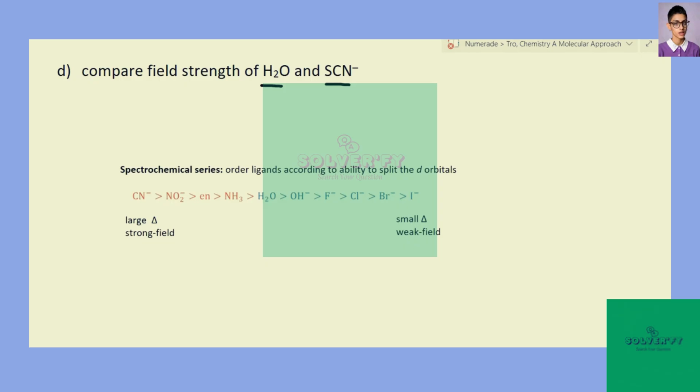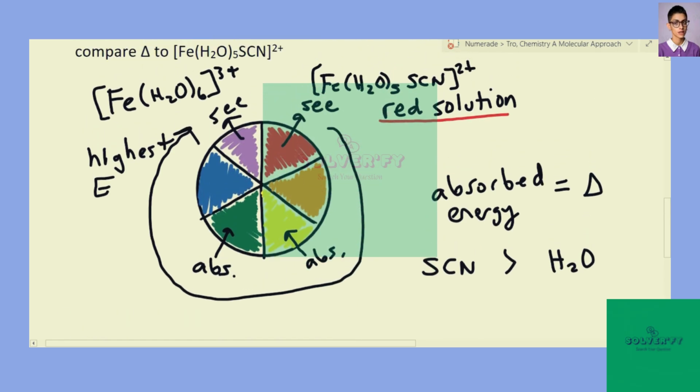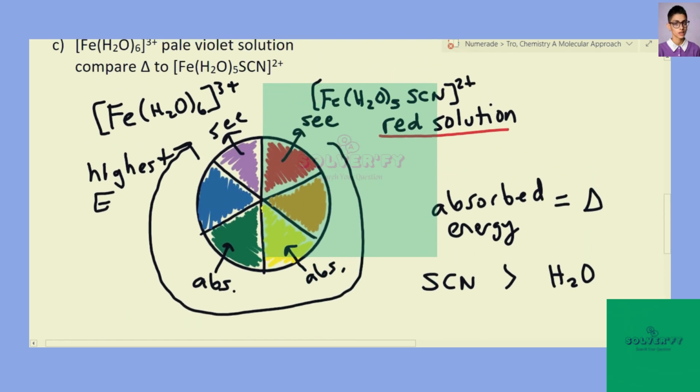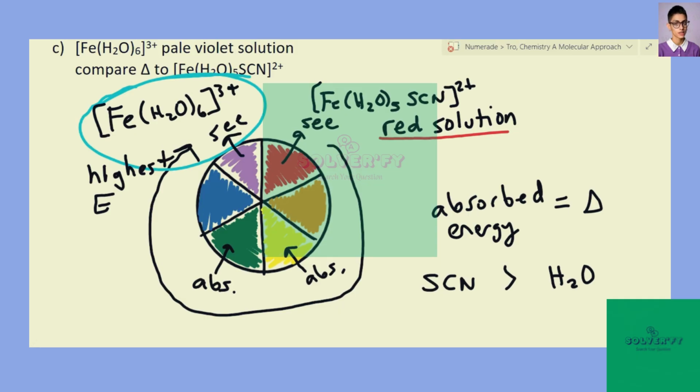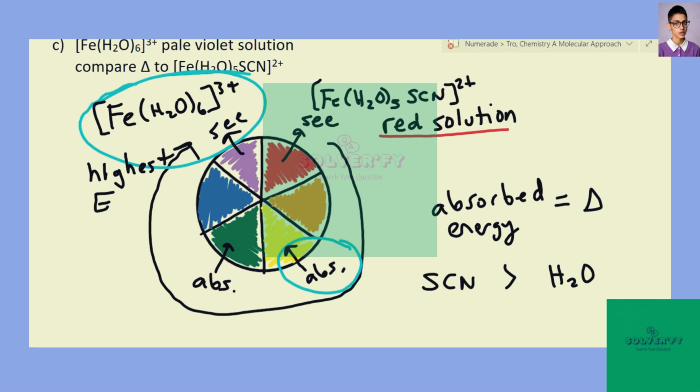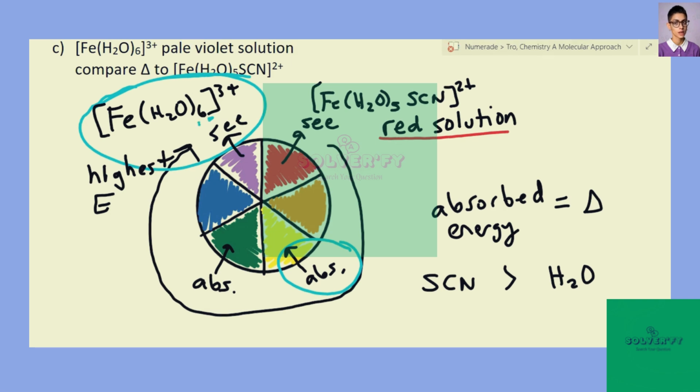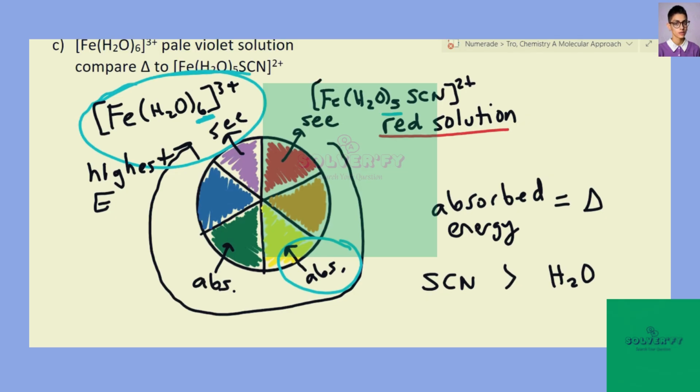And what we saw in parts B and C above is that the more water you have, the lower the energy of the absorption. I'll say that again. The more water you have, 6 water ligands compared to 5, the lower the energy of the absorption.